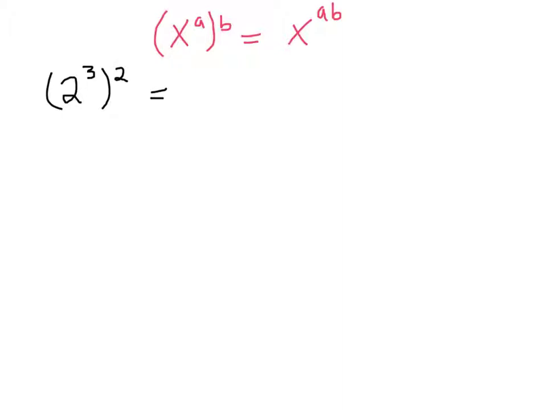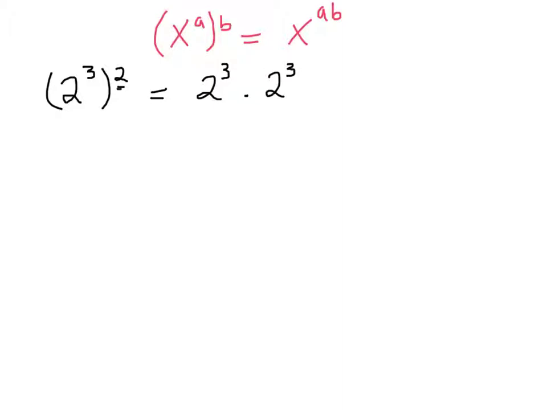Okay, so let's look at another law, and this law says that if you have x to the power of a all to the power of b, that's equal to x to the power of a multiplied by b. Again, you can check this out. a and b are just numbers. If you had 2 to the power of 3 all to the power of 2, remember what you know about powers. It's 2 to the power of 3 multiplied by 2 to the power of 3.